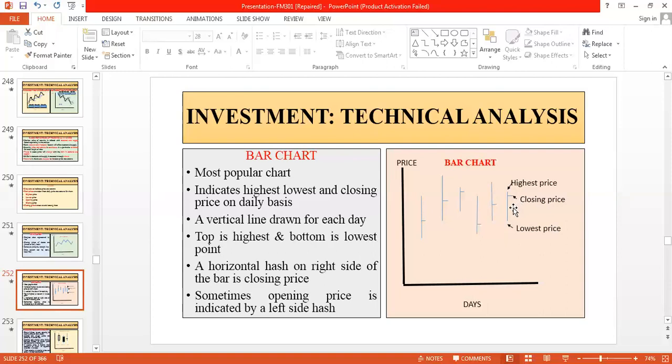But it is not essential or required, because if you compare with the previous day, you are getting the closing price of the previous day. Automatically, this will be the opening price of today. So compare this price and this price, and you will get an idea about the opening and closing price of the day. So the bar chart is over.